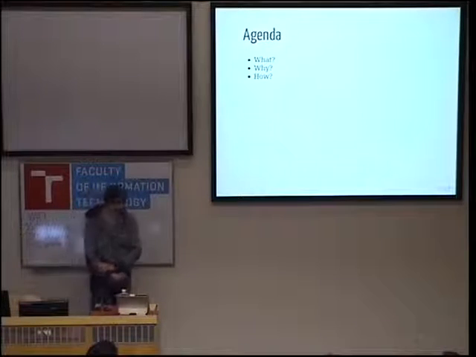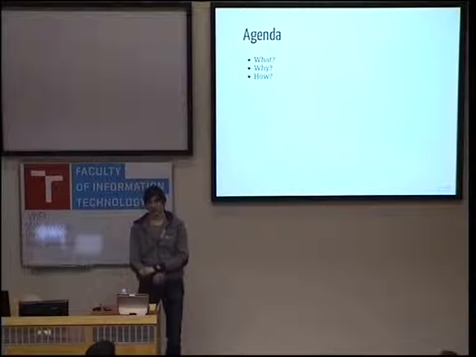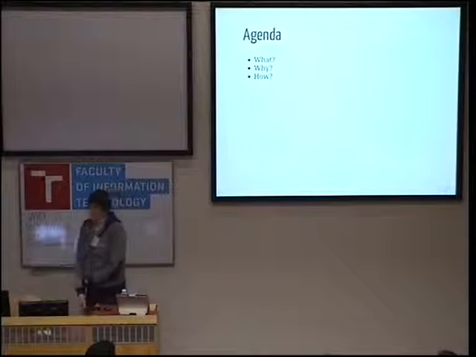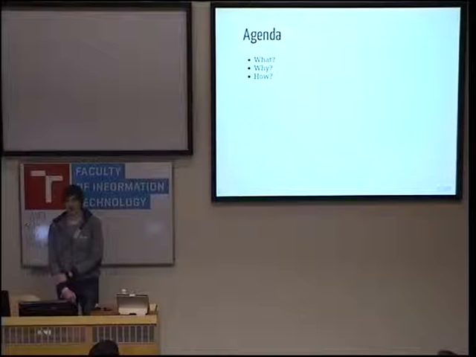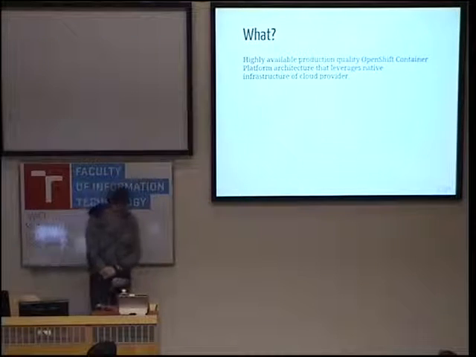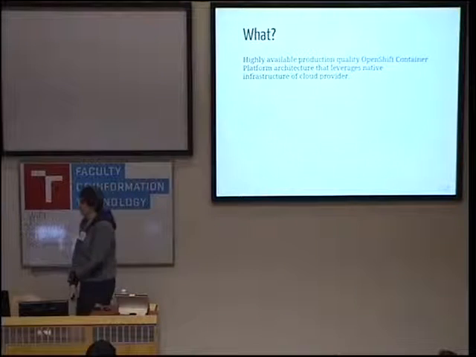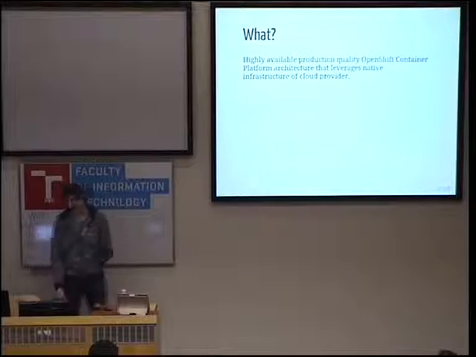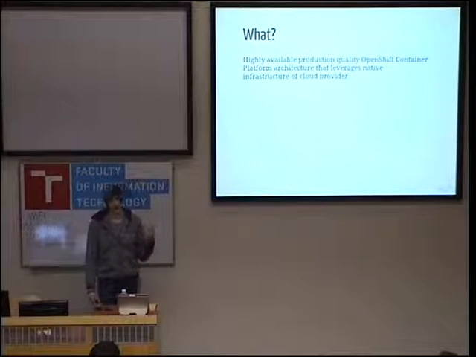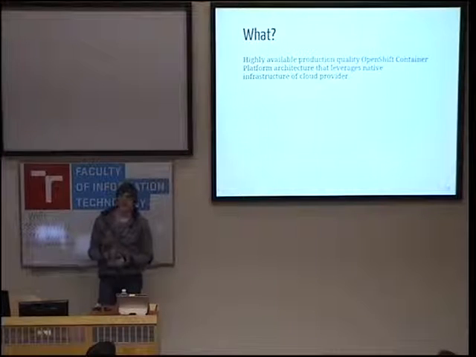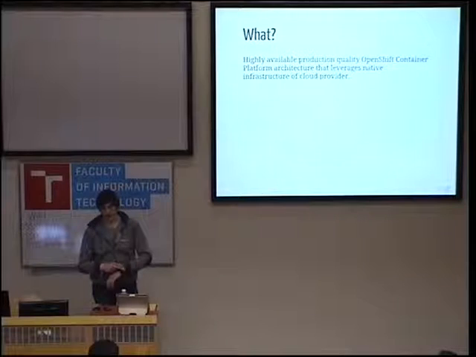Today I will be talking about what we do in our team, that is the reference architecture, why we are doing it, and mostly how. Now, what is a reference architecture, or what do we want to provide? We would like to provide a highly available, production quality OpenShift architecture, which leverages native infrastructure of cloud providers.